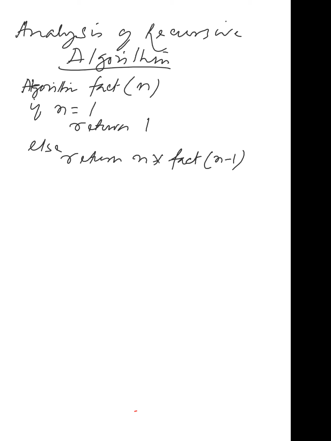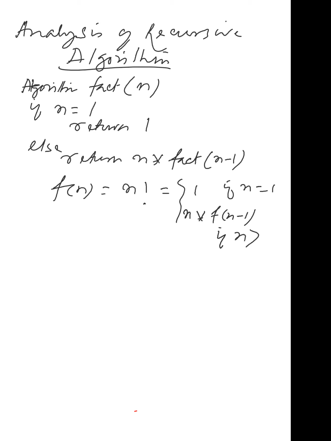If any function f(n), which can be written as a factorial function, its value is equal to 1 if n is equal to 1, and its value is equal to n into f(n minus 1) if n is greater than 1. So this is the mathematical formula.